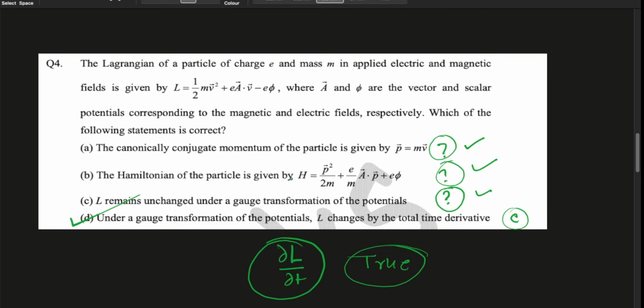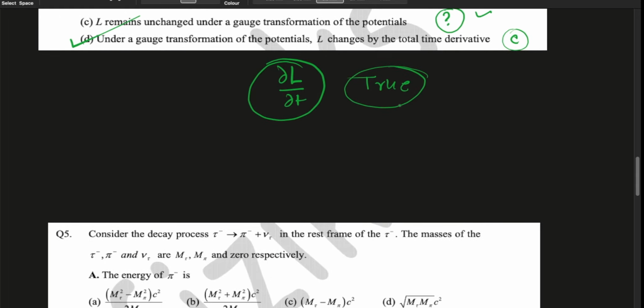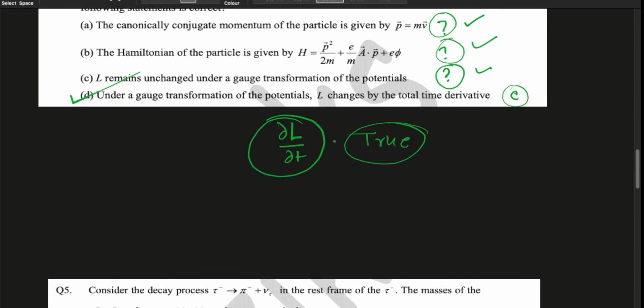During the time of exam, if you cannot just find out which one is correct and you need to calculate everything, it will take a hell of a lot of time. It will eat all of your time. It is time consuming to find the value of the conjugate momentum or the Hamiltonian. So we need to move smartly in this case. All right, so moving on to the next problem.